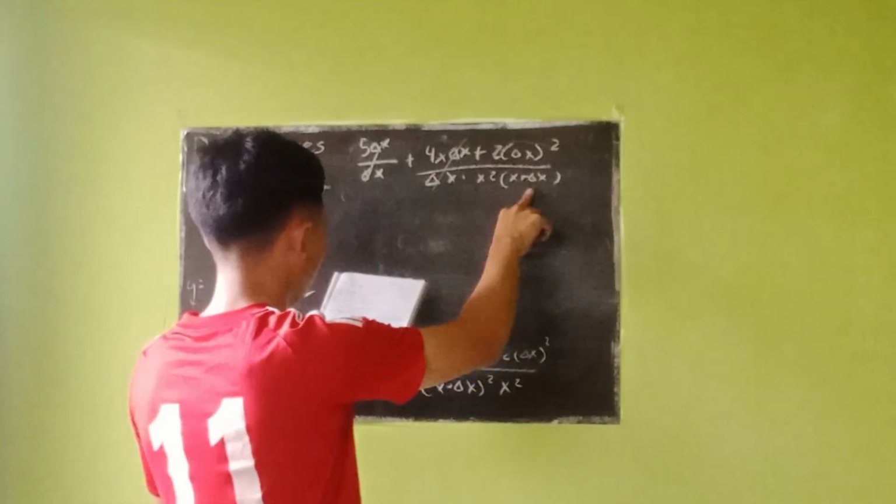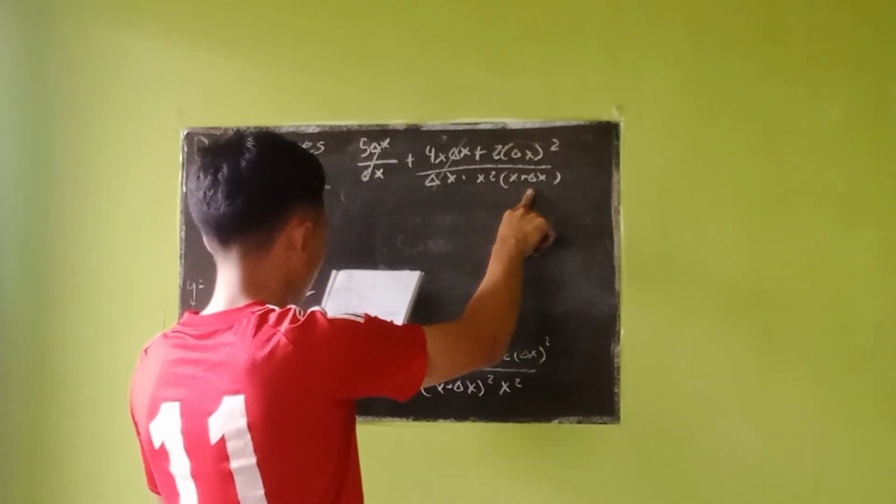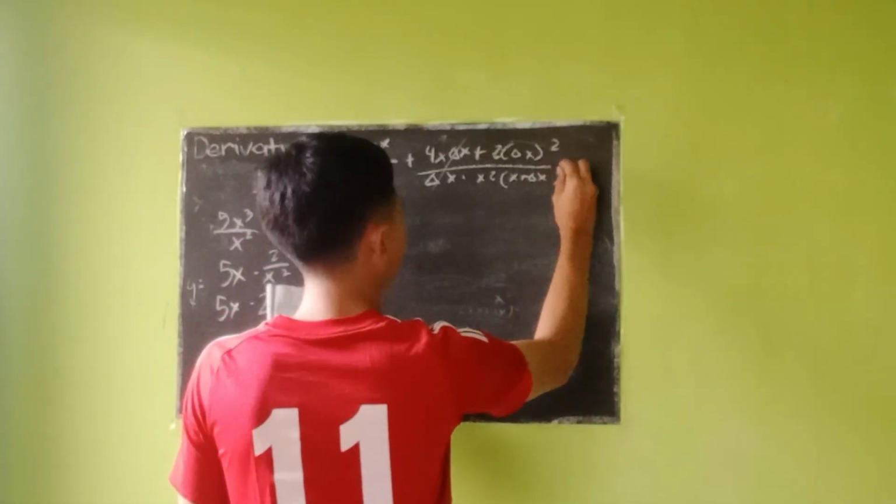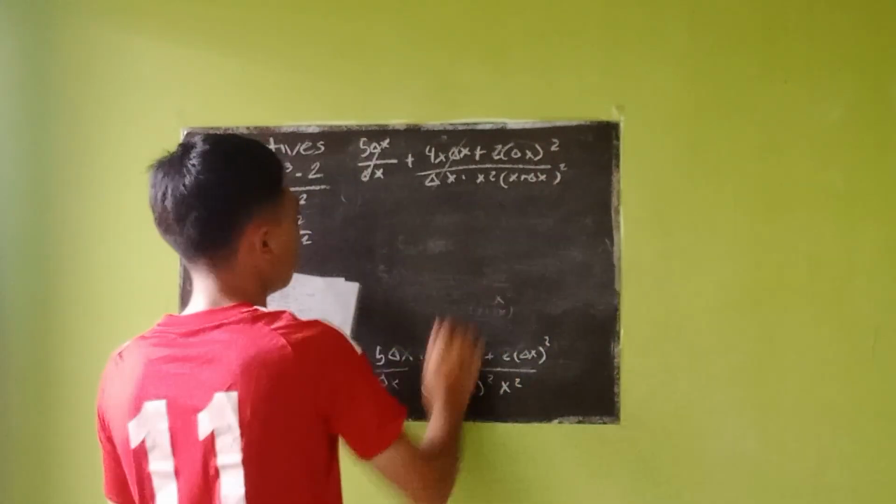Then also in here, we just have to let it, oh wait, this one is squared. So I just have to let it be.